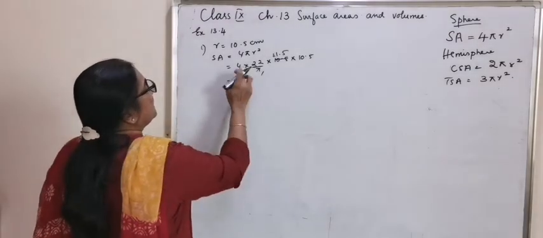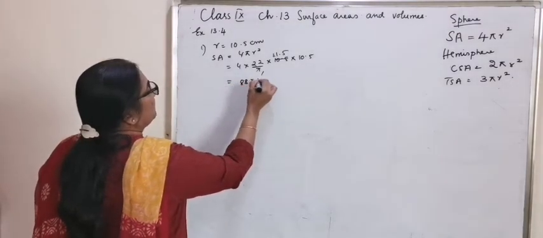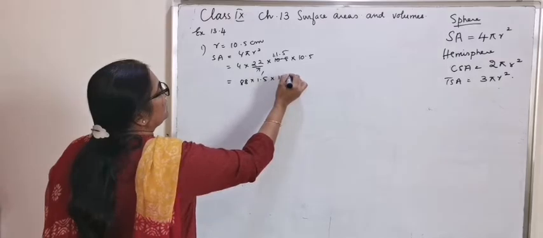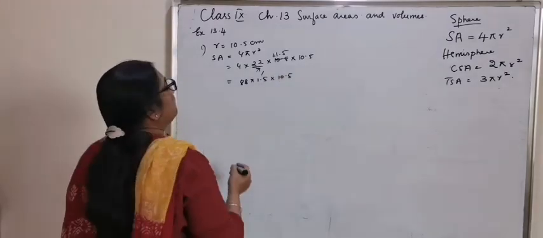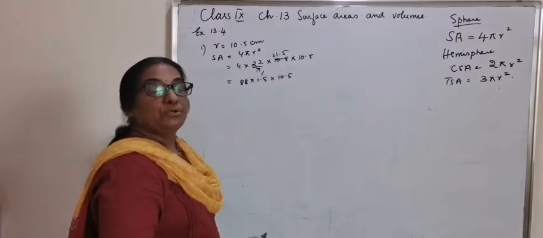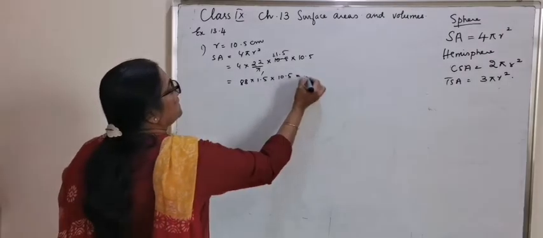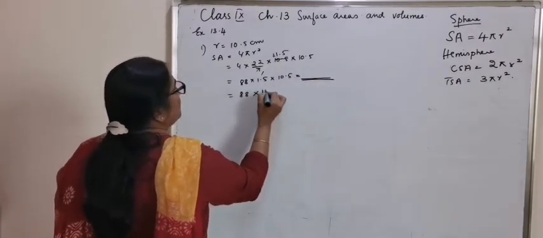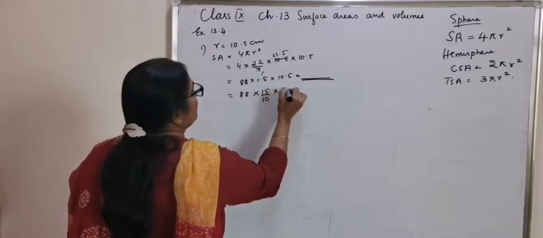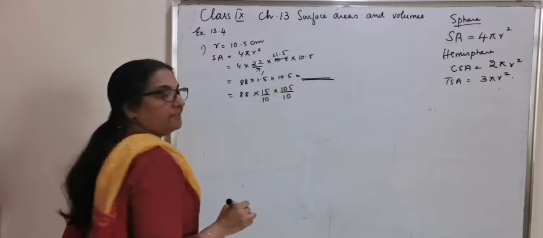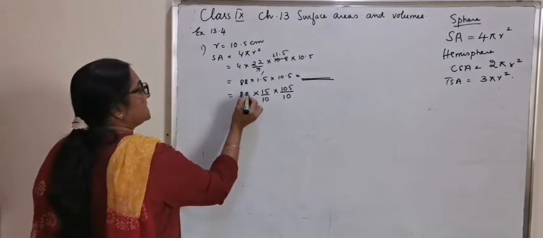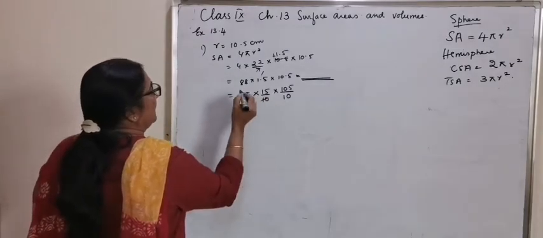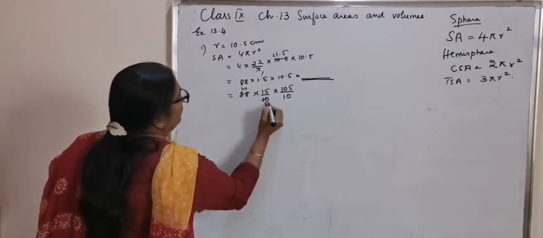So you can multiply as 88 into 1.5 into 10.5. If you want to get it cancelled, either multiplication will help you, or 88 into 15 by 10 into 105 by 10. You can get it reduced as 88 by 2 is 44 and 5.